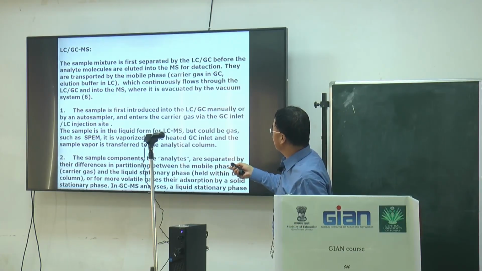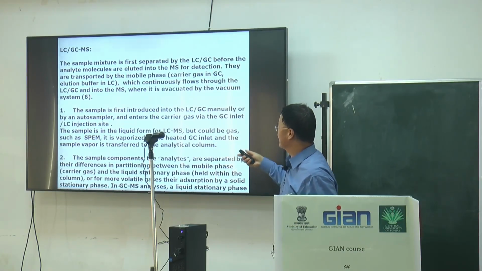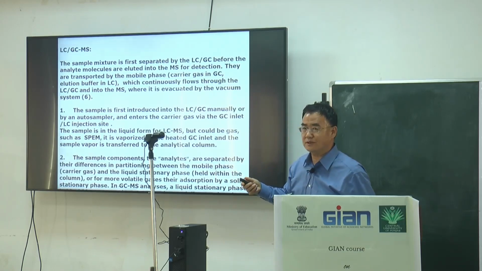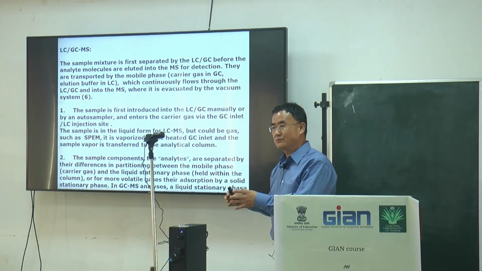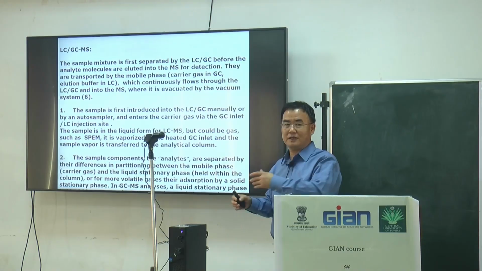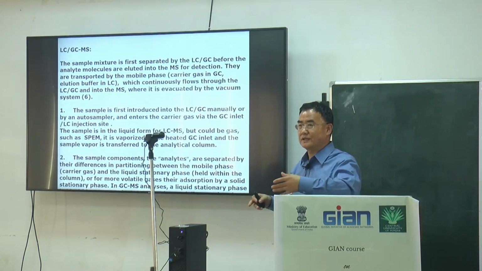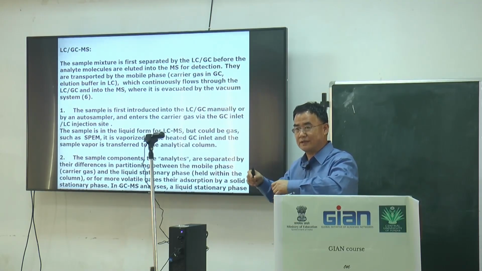The sample is first introduced by the auto sampler. Right now most of them use auto sampling, unless you try to do preparative HPLC. Preparative HPLC or other flash chromatography is always for isolation of a large amount of chemical.